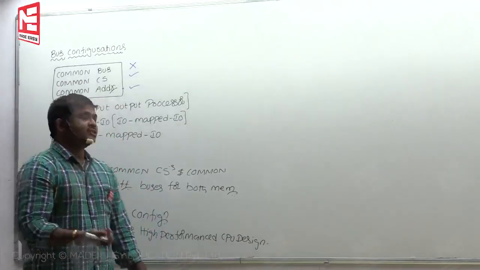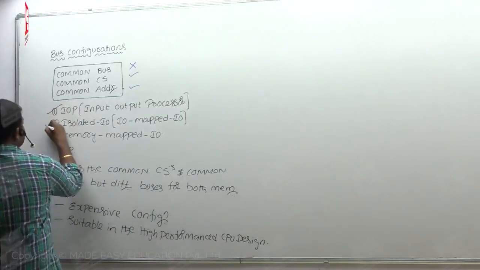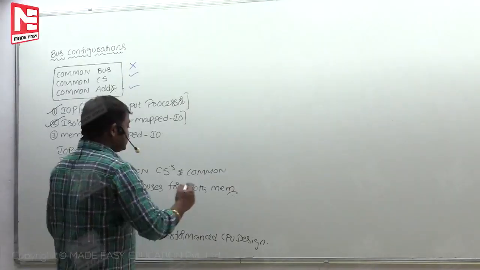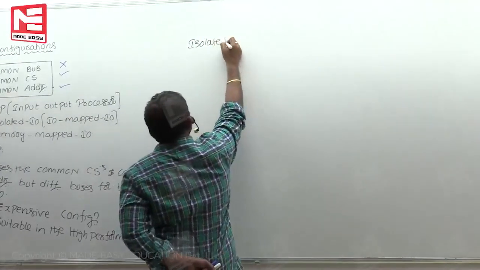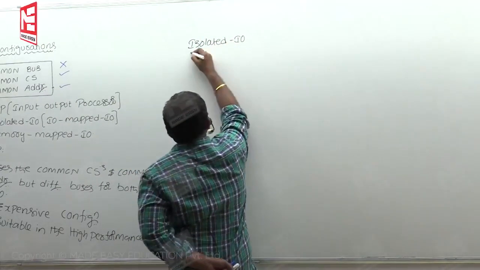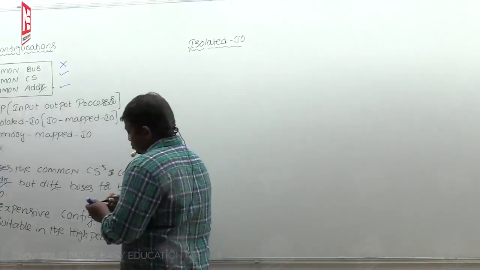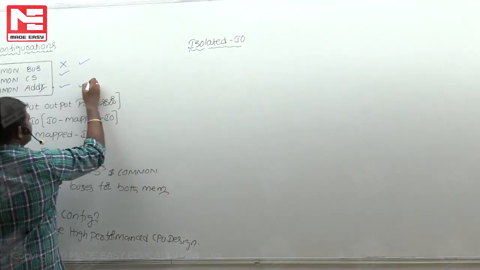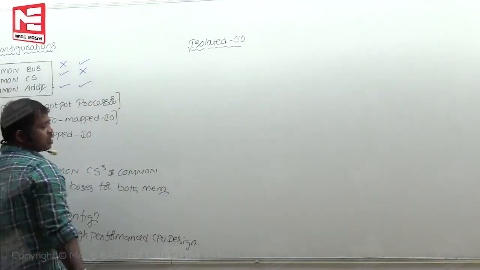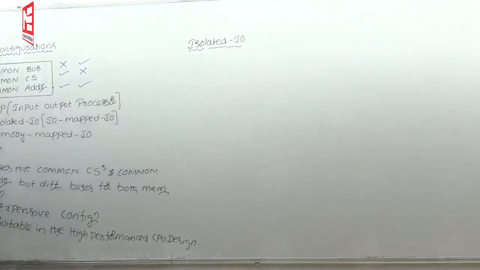Right? Next one is isolated IO. In the isolated IO configuration, we use the common bus and the common address, but we don't use the common control signals. So control signals will be different.